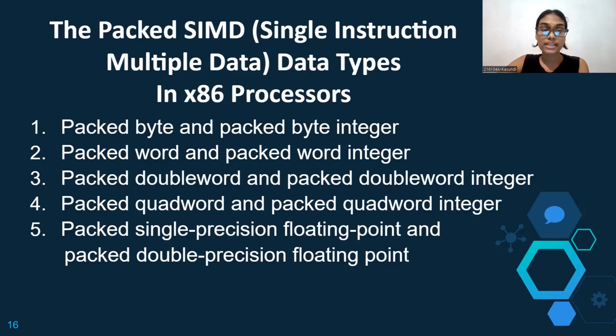These packed SIMD data types are packed byte and packed byte integer, packed word and packed word integer, packed double word and packed double word integer, packed quad word and packed quad word integer, and finally, packed single precision floating point and packed double precision floating point. So that's all for the Intel x86 data types.